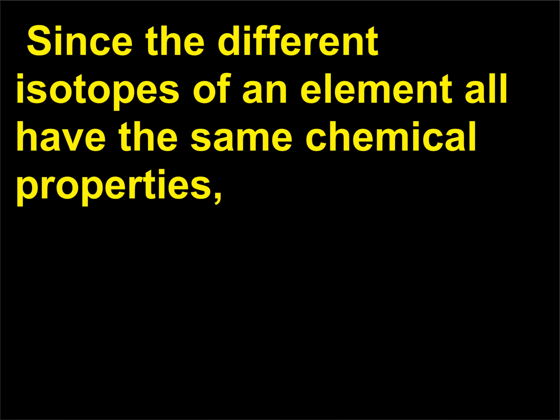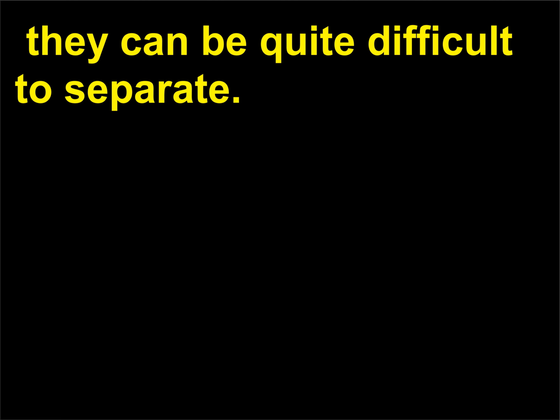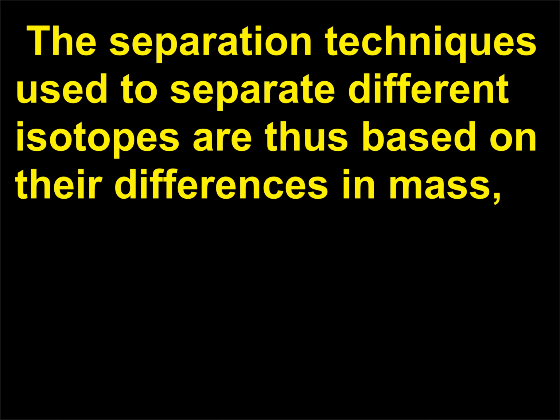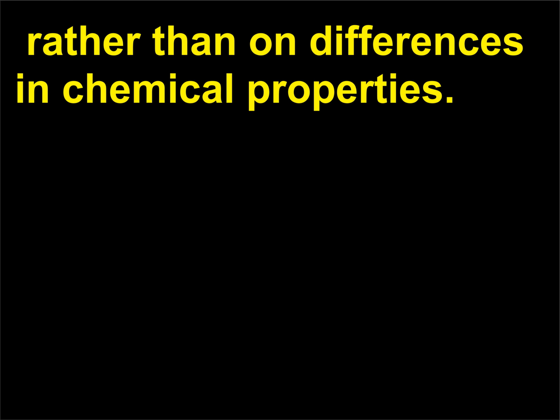Since the different isotopes of an element all have the same chemical properties, they can be quite difficult to separate. The separation techniques used to separate different isotopes are thus based on their differences in mass, rather than on differences in chemical properties.